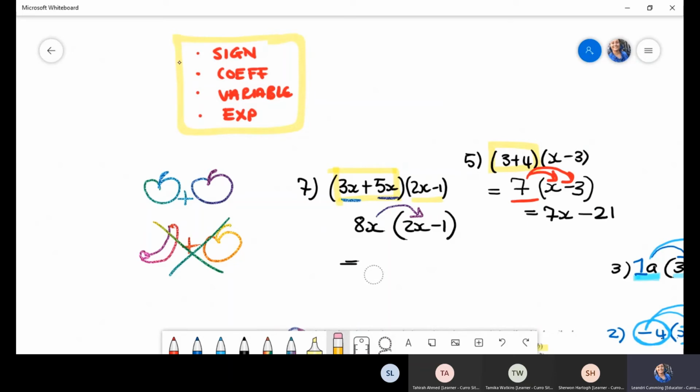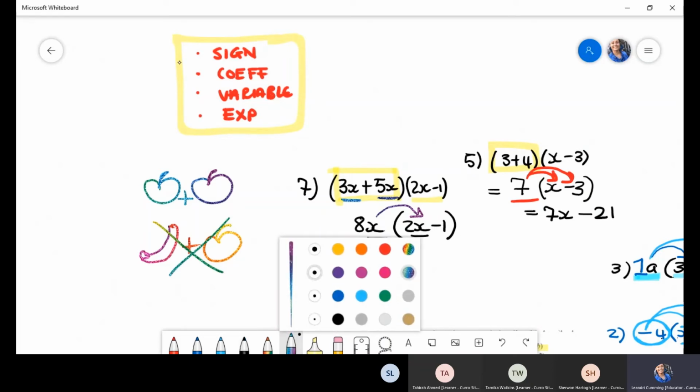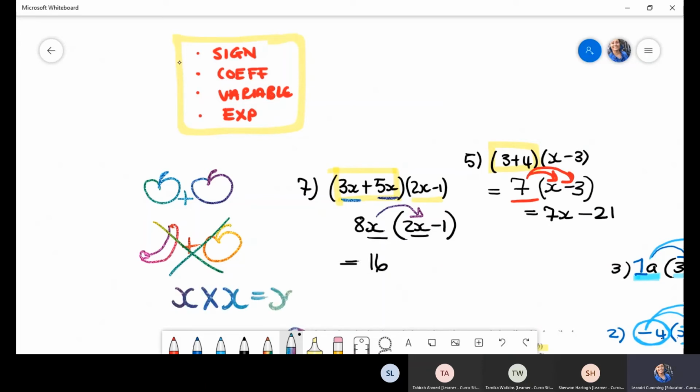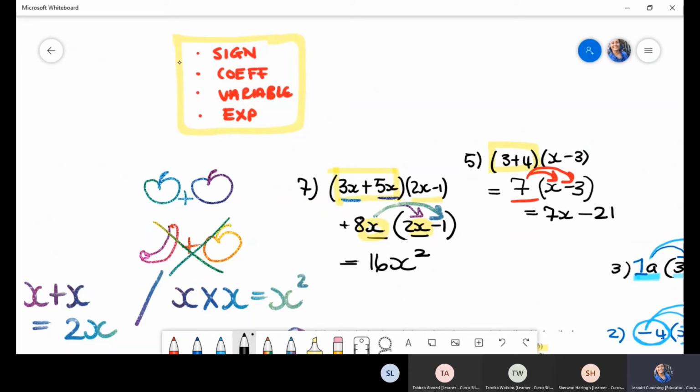It's positive, I don't have to write it, but I know it's positive. 8 times 2, that's the coefficient. 8 times 2, 16. Variable, x times x. Now, x times x becomes x squared. But x plus x becomes 2x. Let's just remember that. So here I have x times x, so I have 16x squared. Back to the 8x, I'm not done yet, multiplied by the negative 1. Positive times a negative becomes a negative. 8 times 1 becomes 8. And x times 1 is still x. It's one term.